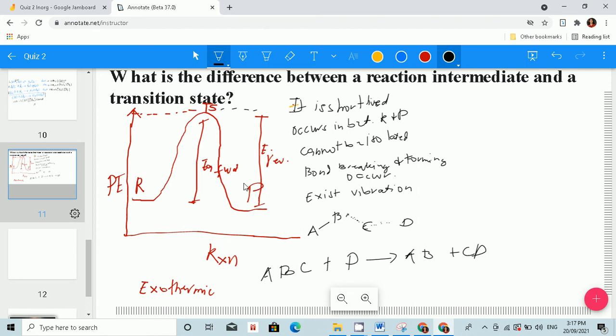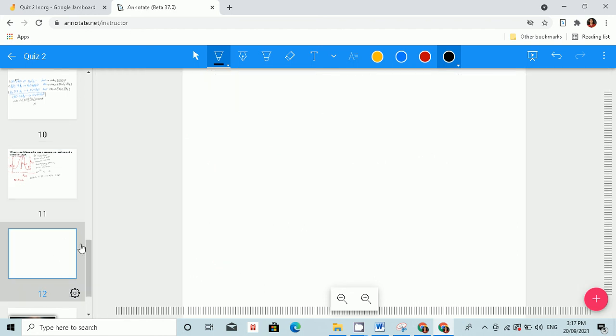Now, let's have a two-step reaction mechanism. Let's plot again energy versus the reaction progress. Okay, potential energy and then the reaction progress.